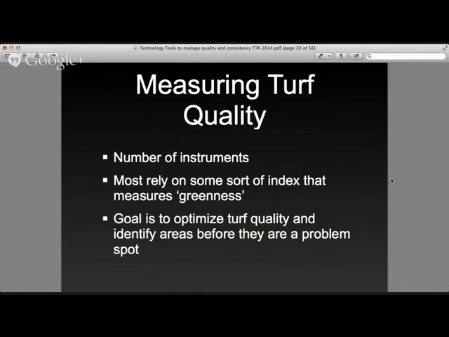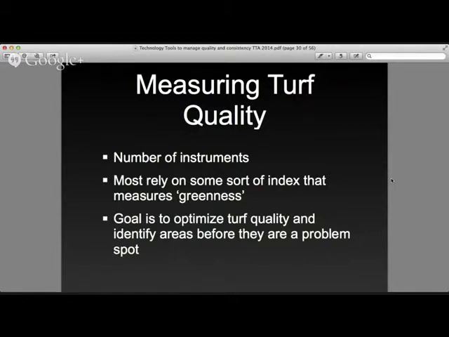So from a member's perspective, I was at a seminar a number of months ago now, where we talked with a bunch of superintendents, and one of the things that was consistent was, my members want to see green. This whole idea of brown is the new green doesn't work when it comes to a member showing up. Yes, they want a good quality, consistent playing surface, but if it's brown, they're going to wonder what's going on.